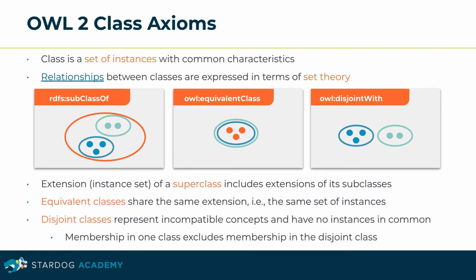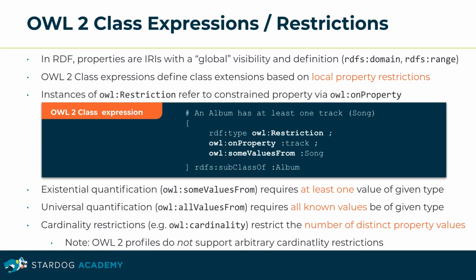It is a common pattern to express disjointness of sibling subclasses in order to completely partition the extension of the superclass. We may state solo artist and band classes to be disjoint, since a band is expected to comprise more than a single artist.